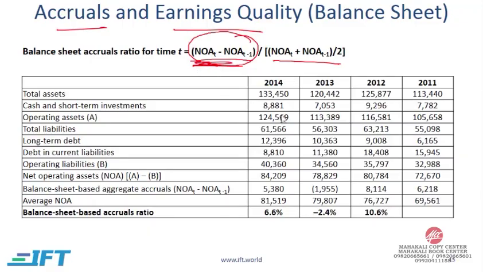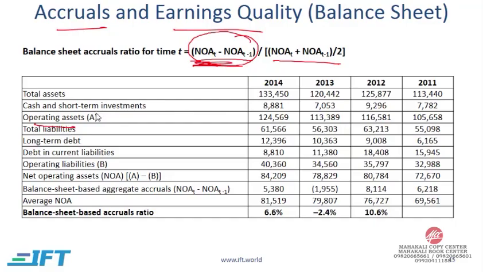Now the next question is, how do we come up with net operating assets? What we need to do is, for 2014, we come up with the net operating assets at the start of the year and end of the year. Start of 2014 is the same as the end of 2013. Net operating assets is your operating assets minus operating liabilities. Operating assets in this case are total assets minus any cash and short-term investments.